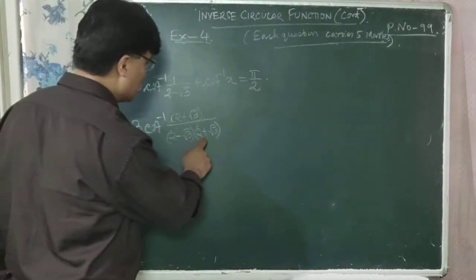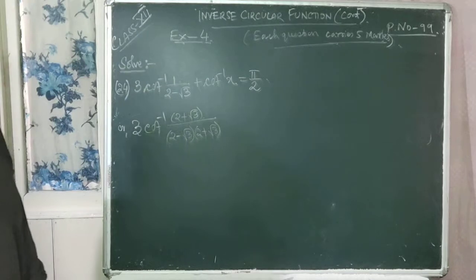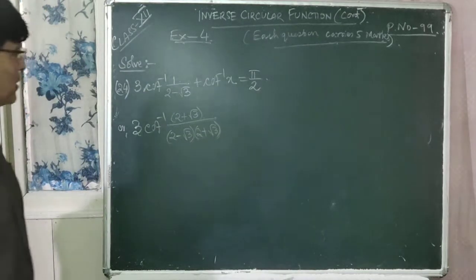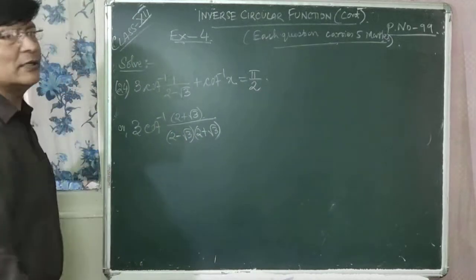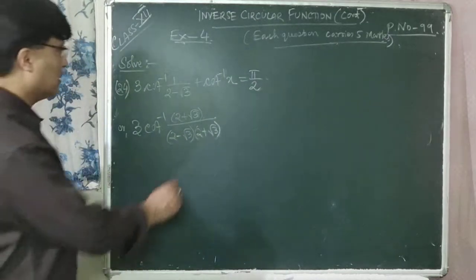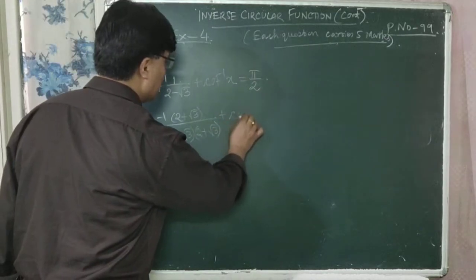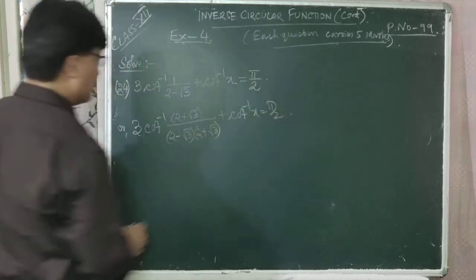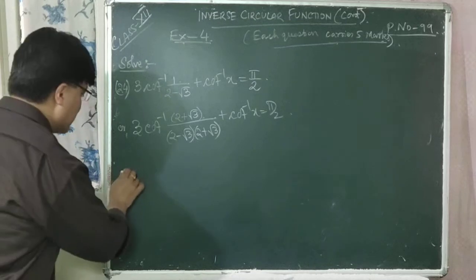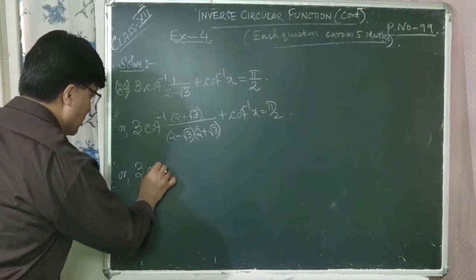So this 2 plus root 3 is known as the rationalizing factor of the denominator. That is, we are removing square root from the denominator. Then plus cot inverse x is equal to what? Pi by 2. Let us simplify it. 3 cot inverse.